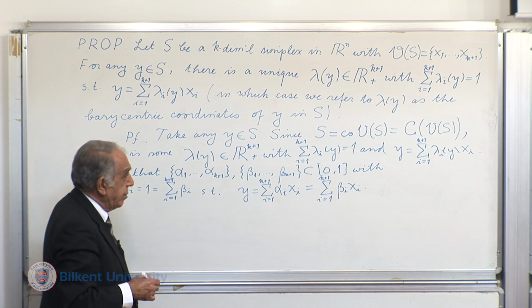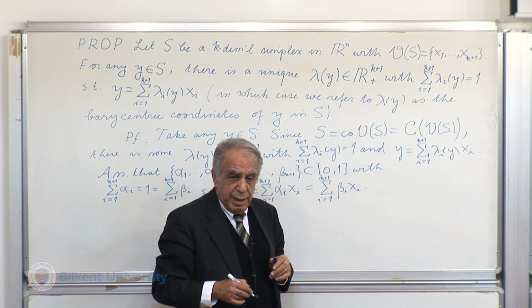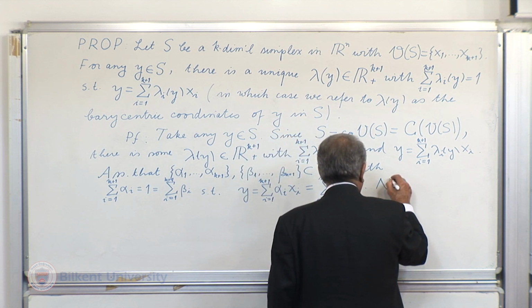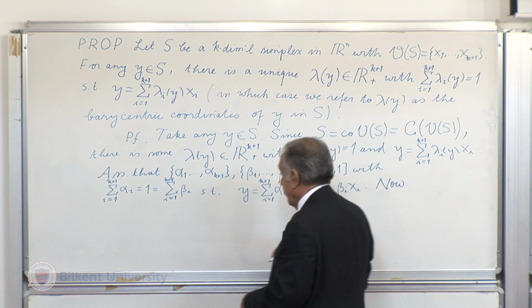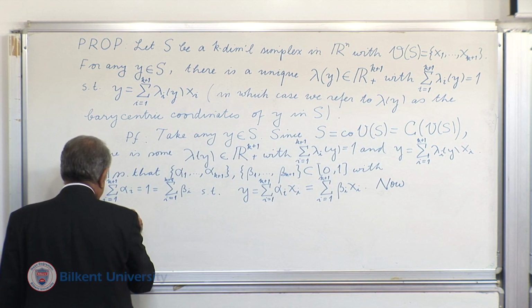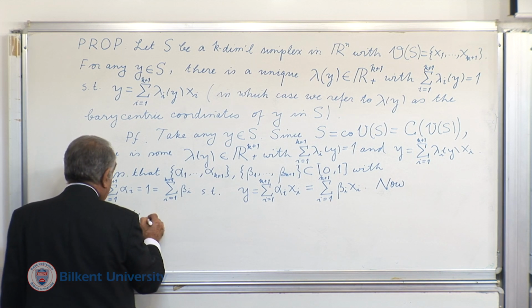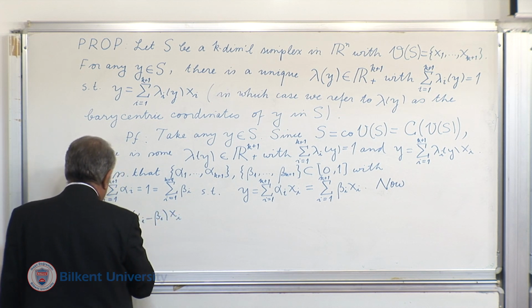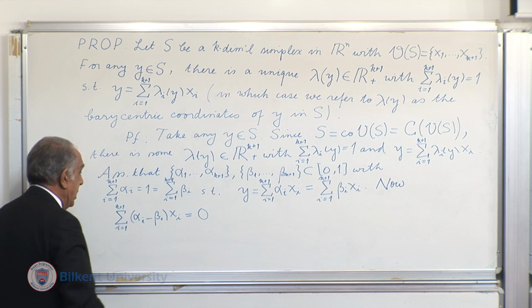What we know is that V of S, these are affinely independent. Now, if I subtract this from that, the sum of alpha i minus beta i times xi, i from 1 to k plus 1, this is just y minus y, and that's 0.